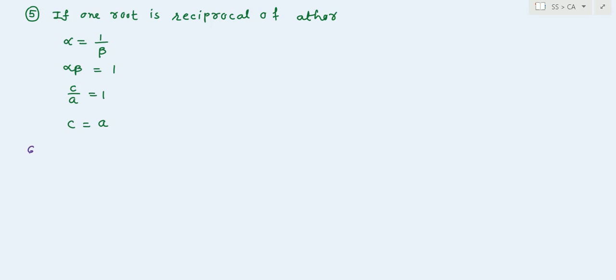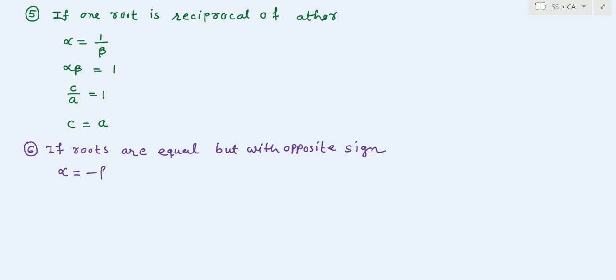Number 6. Okay, if roots are same or equal, but with opposite sign, we can write alpha is equal to minus beta.